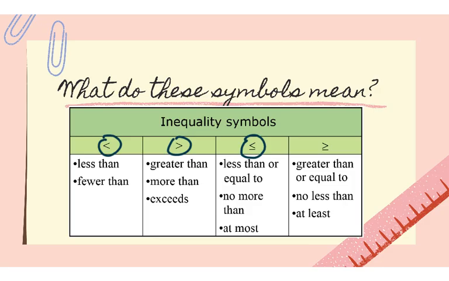So it means that number is included. Greater than or equal to means our solutions are greater than or equal to whatever number we find. This should all be review for you guys.